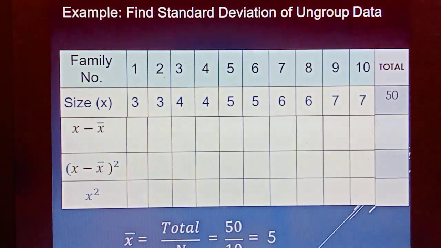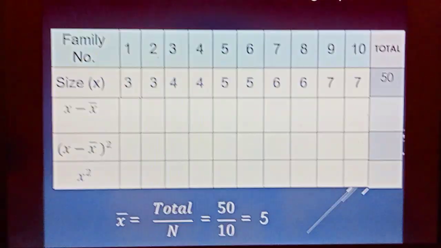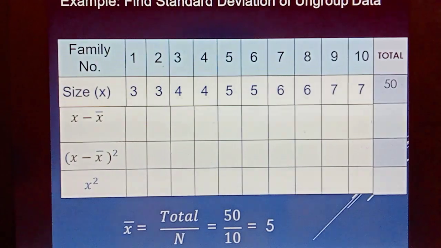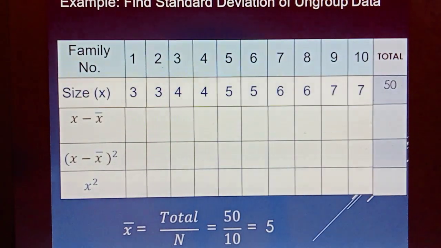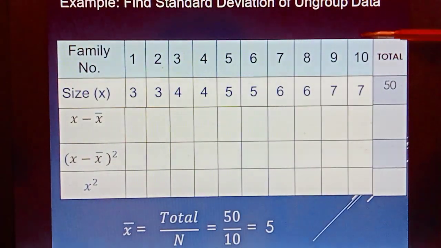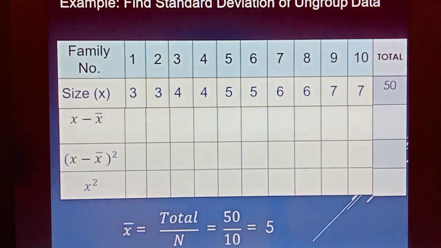So our mean is total over n, no? So we have 50 divided by 10. So we have 5 as the mean.